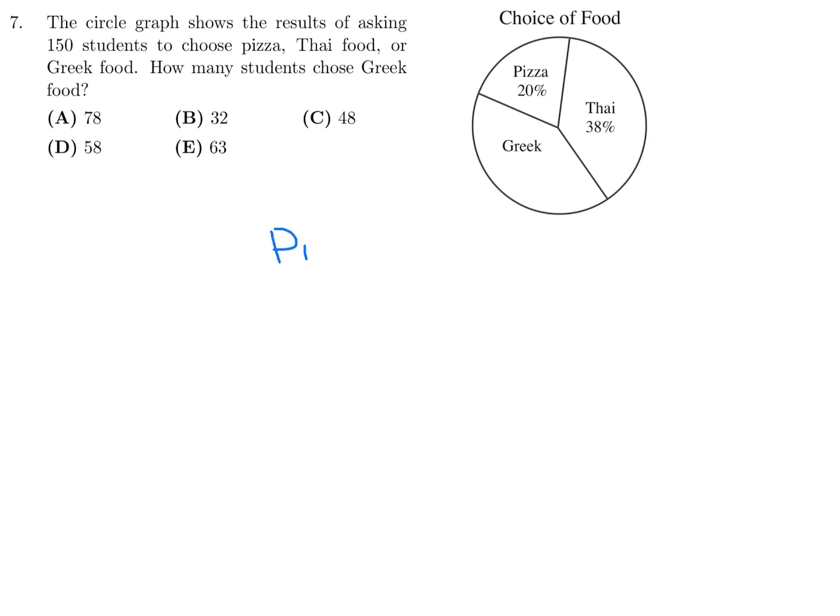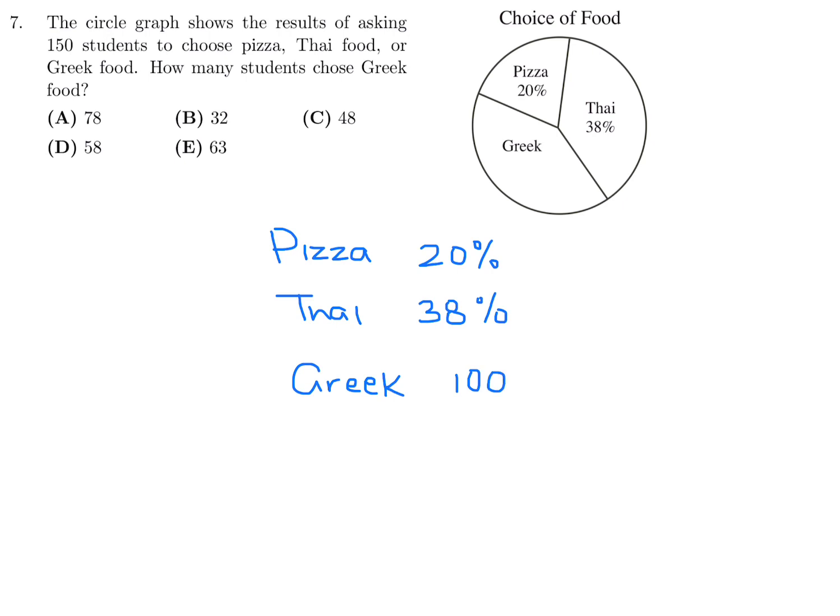So we have pizza 20%, and Thai is 38%. So since this whole graph represents 100%, Greek you can get by subtracting 20 and 38. So it would be 100% minus 20 minus 38.